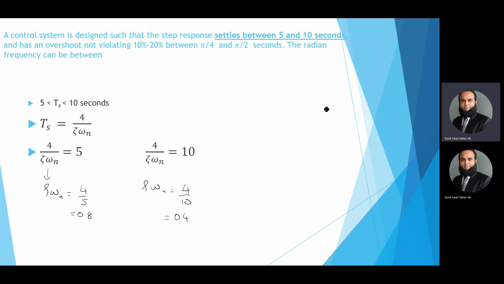This means if I'm going to draw it on the S plane, there will be one line at minus 0.4 and one line at minus 0.8. I'm changing the direction based on my own desire.